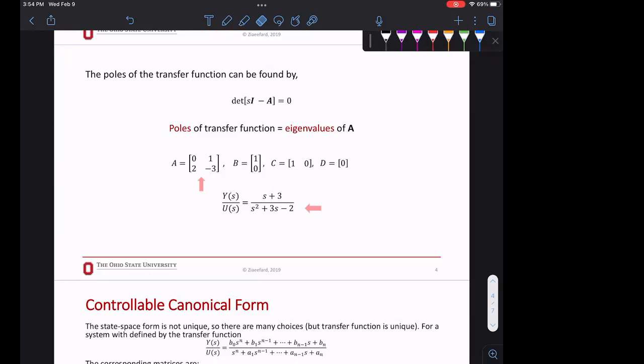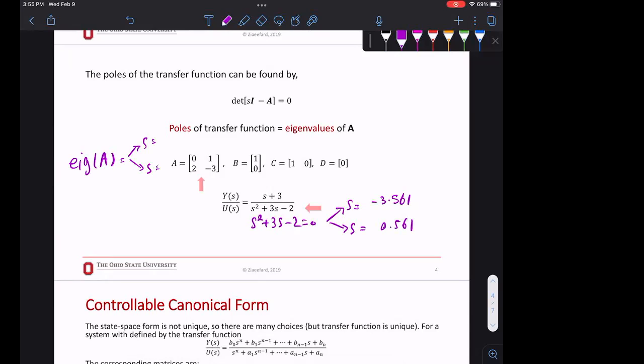And if you don't believe me, you can solve for this. In MATLAB it's eig(A), and it gives you 2 values. You can find this: S squared plus 3S minus 2 equal to 0. You find 2 S's. These two will be equal. If you do this, S is going to be negative 3.561 and then 0.561.